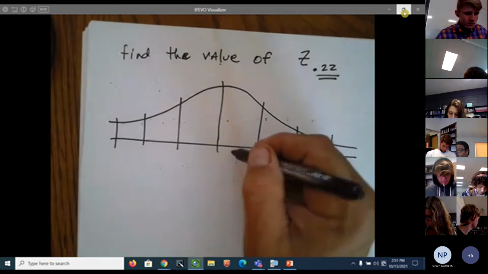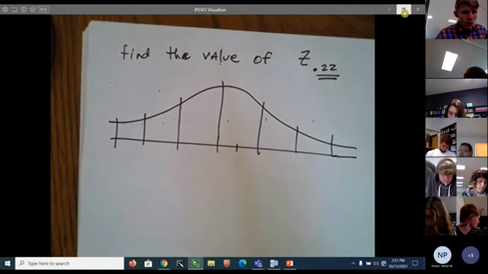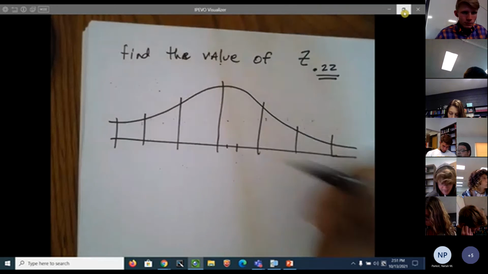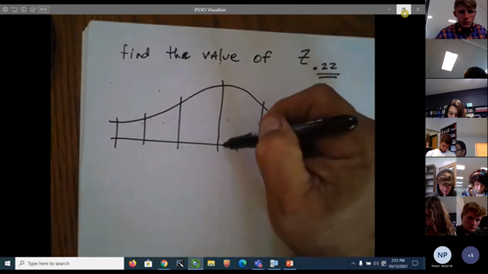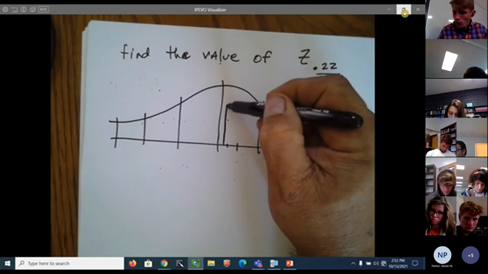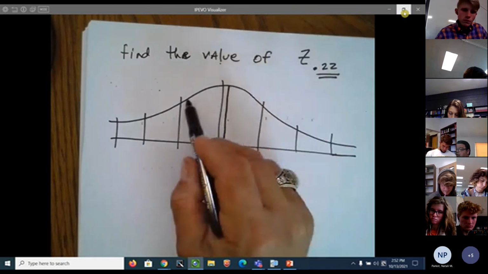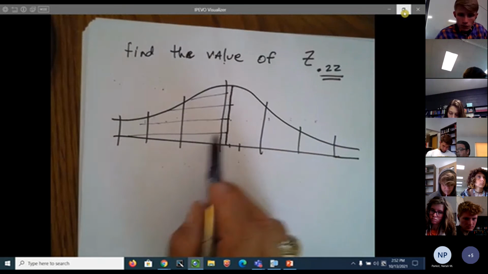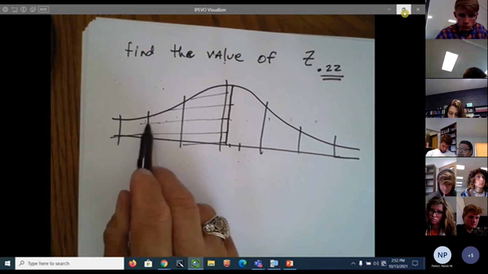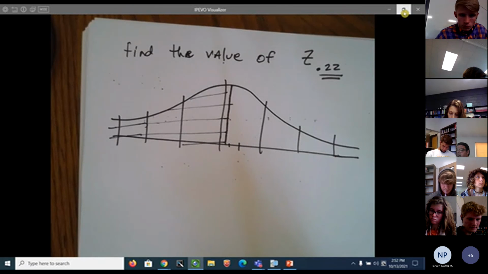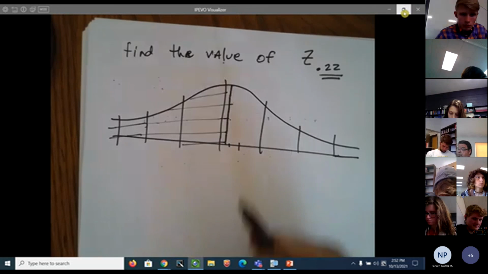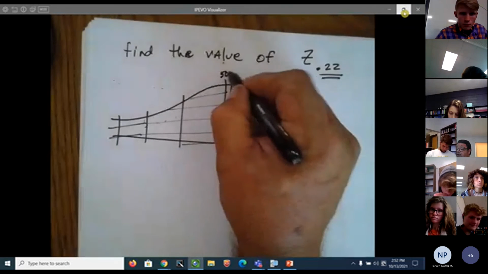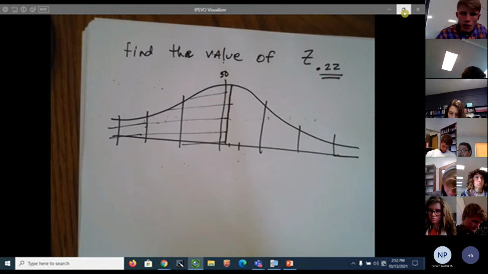So 0.22, there's 0.5. Somebody tell me what they know without a shadow of a doubt about 0.22. It's at least 50%. It's over 50%. So this is 50 right here.